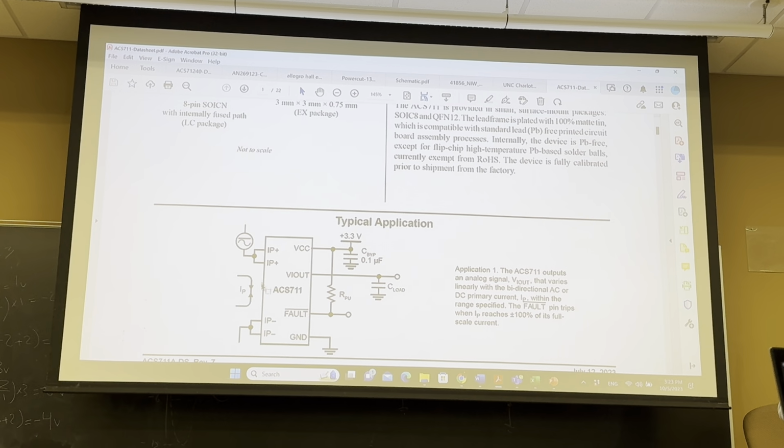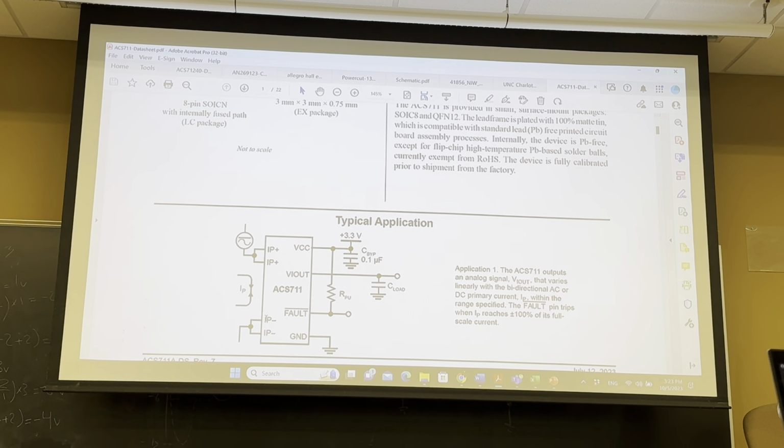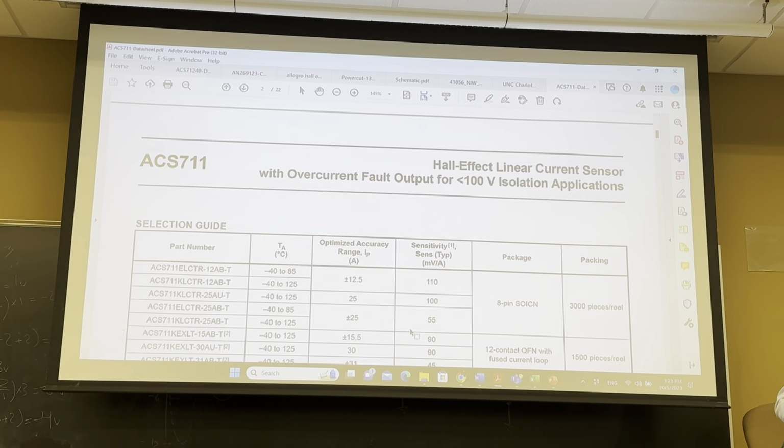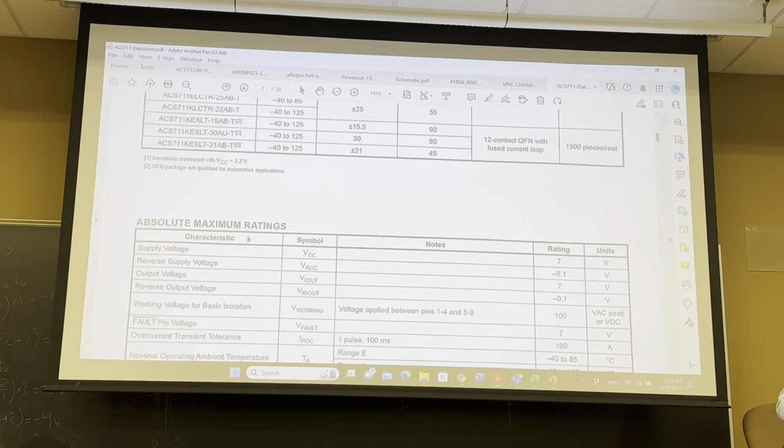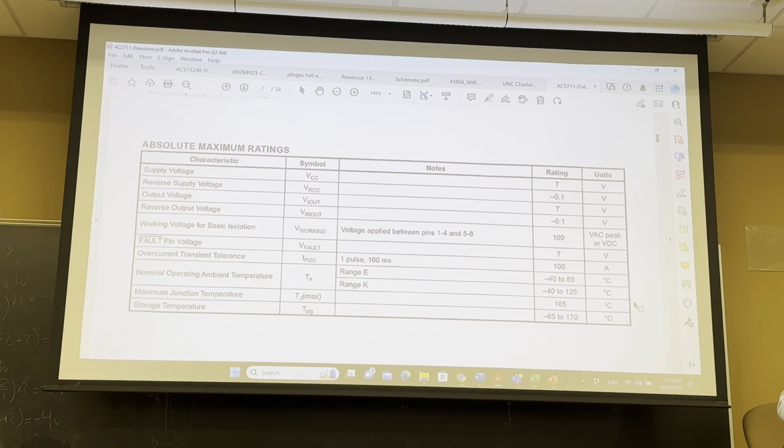Typical application: they have this ACS711, with this current going to the output. You see they have provided nothing for that, apparently. So let's see, this is a maximum of 7 volts.